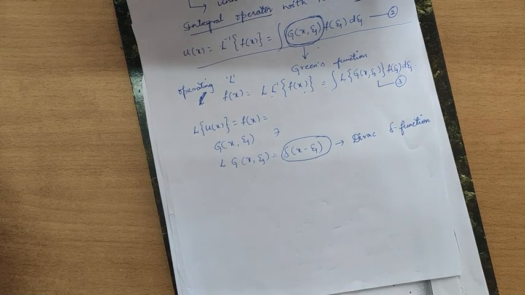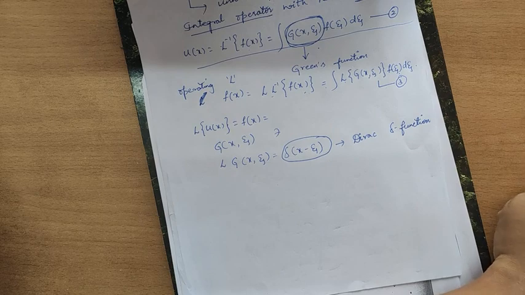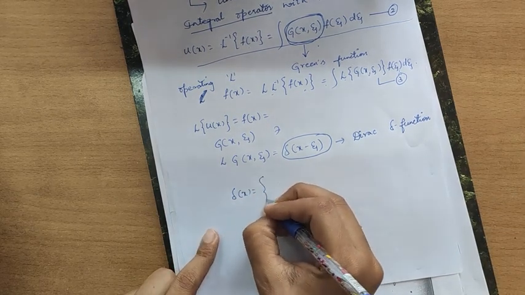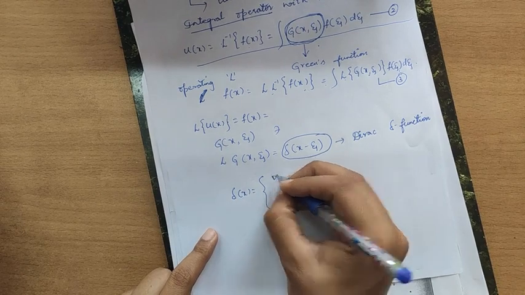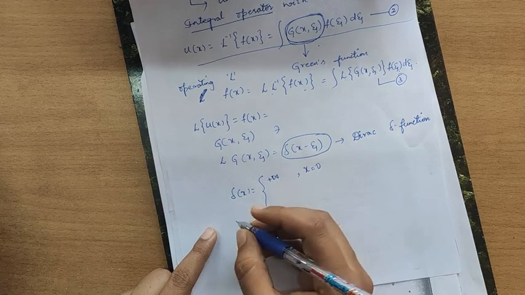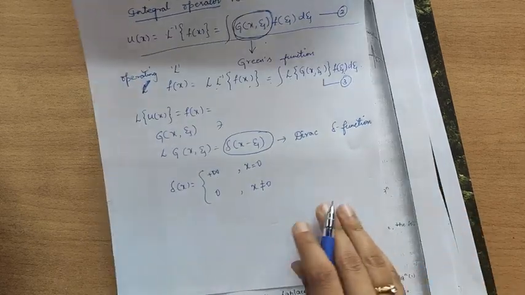That means your Dirac delta function can be defined as delta of x is equal to plus infinity if x is equal to 0 and 0 if x is not equal to 0.